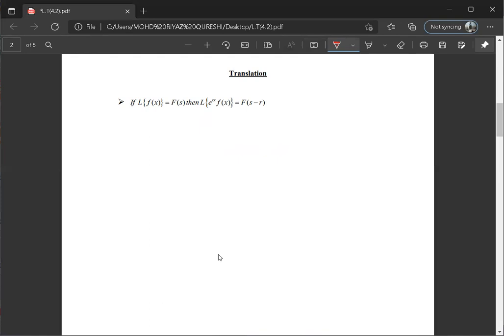See here, L of e to the power of rx. Whenever we multiply e to the power of something along with f of x, there is a change in s. I'll give you one example. Suppose you are going to find L of e to the power of 2x times f of x.